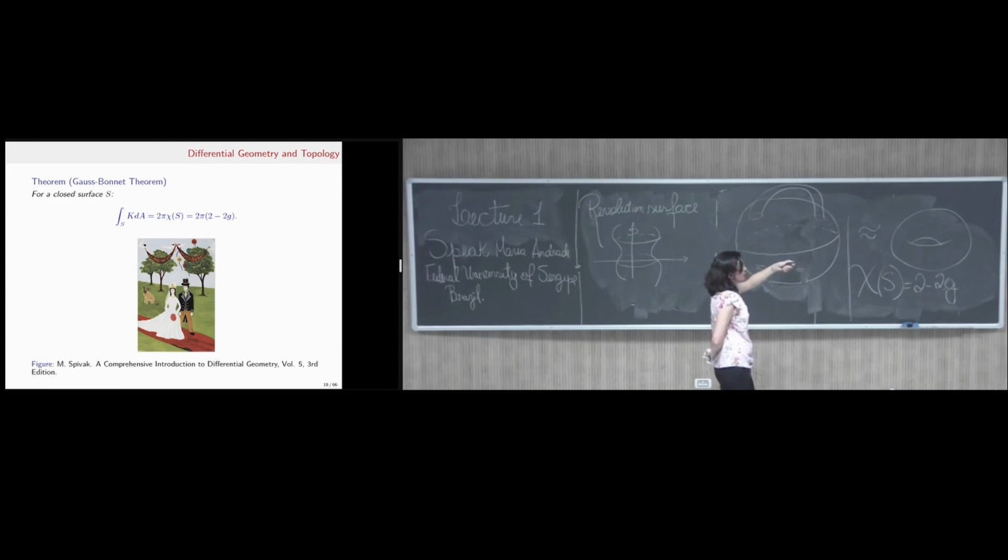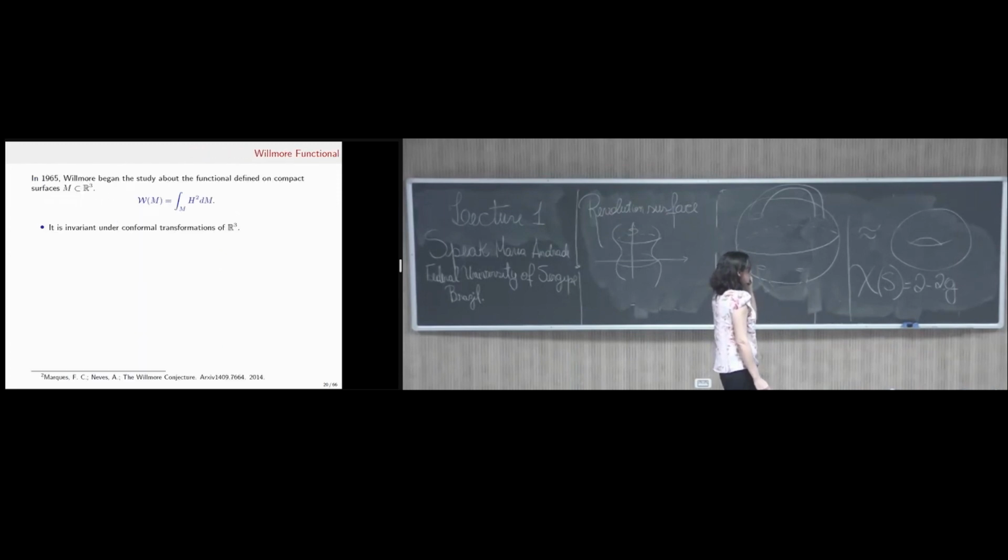This is a very beautiful result. Here in this picture, you can see the guy with the Euler characteristic here, and the woman with the Gauss curvature, okay? So this theorem is very important for us because on the right you have a topological result, and on the left, you have a geometric result, okay? You can see this in this book.